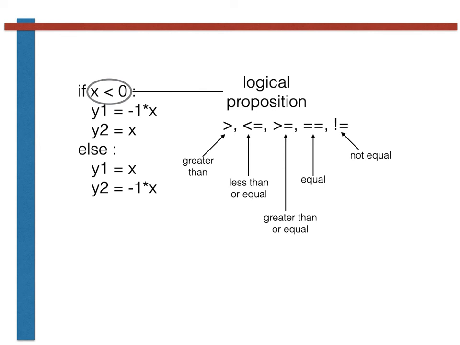As I hope you can see, we can easily construct logical propositions involving a pair of variables or a variable and a scalar using any of these binary operations. Furthermore, the propositions we construct in this way will have a truth value, just as we have seen that the proposition x is less than 0 has a truth value.